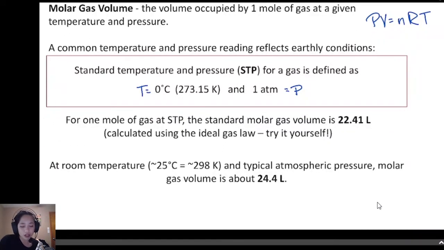And so the standard gas volume for 1 mole of gas at STP is 22.4 liters. So in high school, when you talked about gases and maybe the ideal gas law, this number might sound familiar to you. It said 1 mole of gas is equal to 22.4 liters. But that is only true at STP.